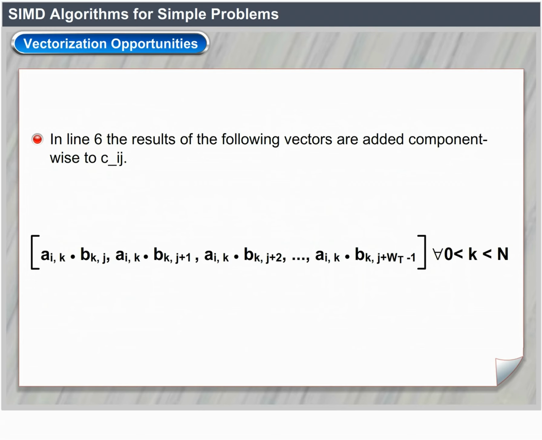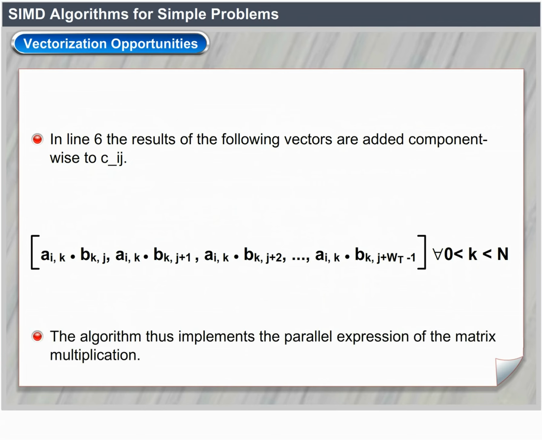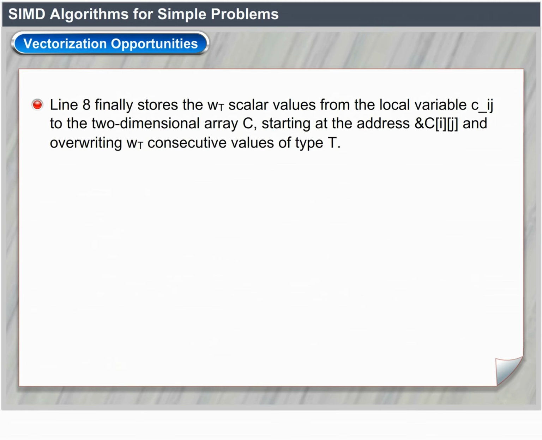The algorithm thus implements the parallel expression of the matrix multiplication. Line 8 finally stores the WT scalar values from the local variable Cij to the two-dimensional array C, starting at the address &Cij and overwriting WT consecutive values of type T.